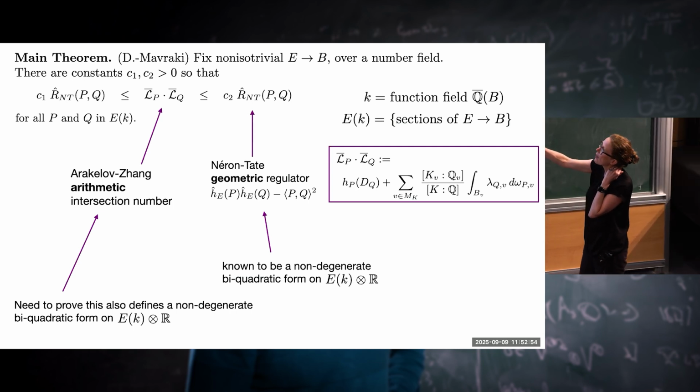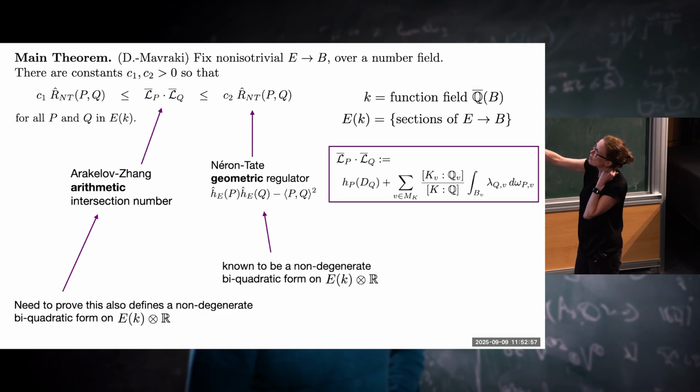By the way, we can look at general features of these intersection numbers. It's not linear in P and Q. It turns out that this thing is quadratic in the same sense that the height is quadratic in P and Q. So we also think of it as a biquadratic form. And this inequality turns out to be easy.